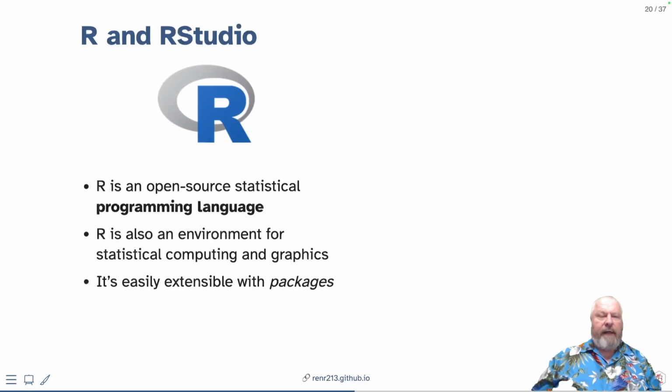A lot of academics in particular are now using R for their statistical analysis, partly because it's cheap and understandable, and because it's easily extensible with packages. There are packages for almost any kind of analysis you can imagine. There are packages for GIS, forest inventory, wildlife habitat analysis, etc.